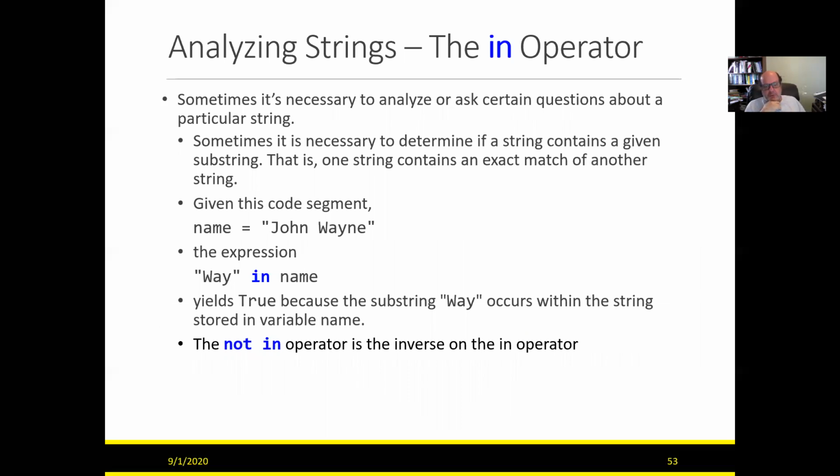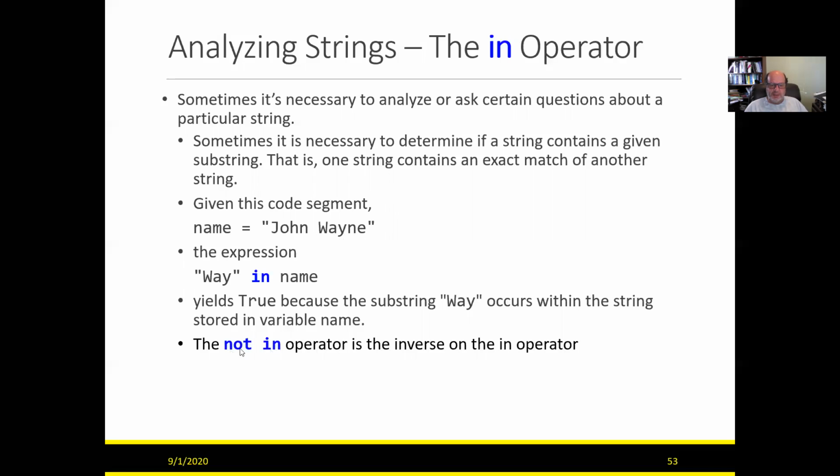In here, we're going to be talking about the strings. With strings, we have a little different things than we had in CS2 or C++. We can check to see if a substring is inside the string. So when we are checking to see if way is in name, it's going to go in the name. If this one is in there, it's going to return true.